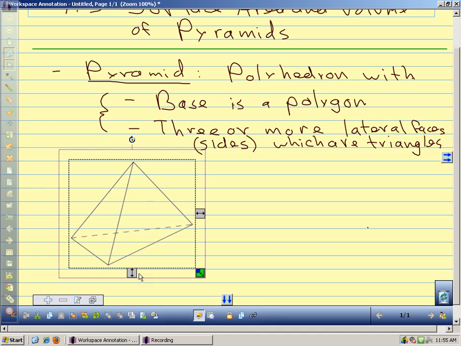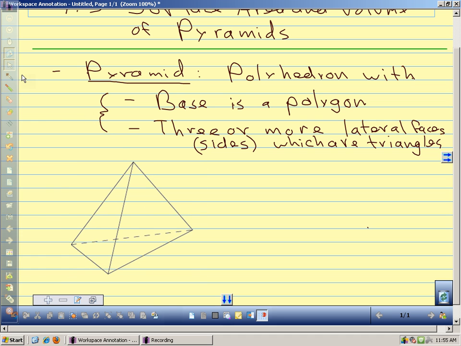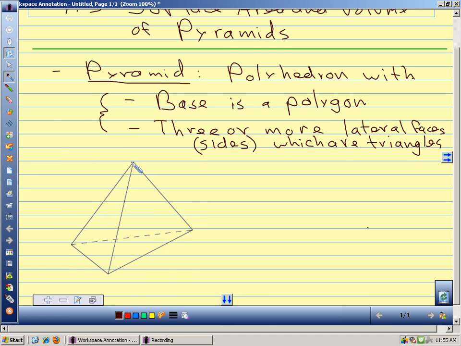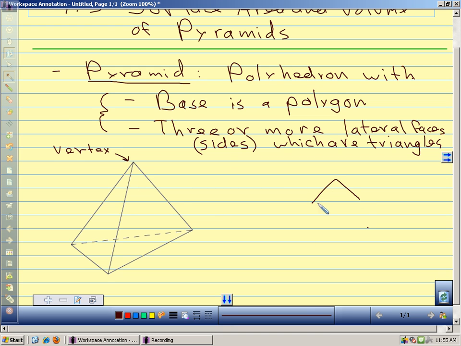Pyramids are like prisms: we name them by the shape of their base. The tip, the point where our lateral faces come together, is the vertex. If you want a shortcut for drawing pyramids, just draw whatever shape is your base, then draw a dot up here, and connect that dot to each of your sides, and you'll have a pyramid.